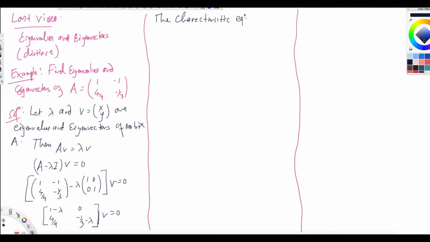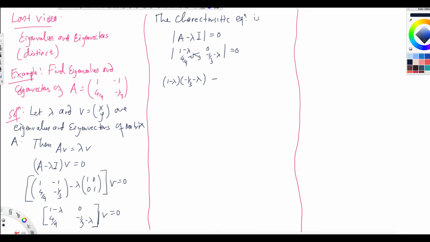That means the matrix with 1 minus lambda, -1, 4/9, and -1/3 minus lambda has determinant 0, right? Now how do I find the determinant of this? You multiply the diagonal positively and the other one with a negative sign. So you get 1 minus lambda times -1/3 minus lambda, minus 4/9 times -1.